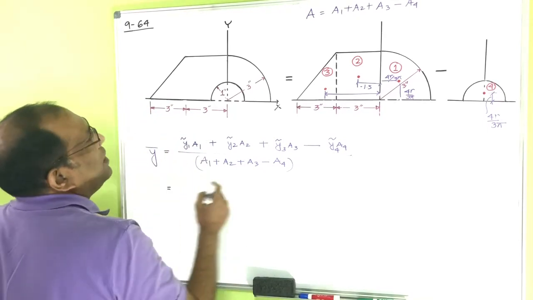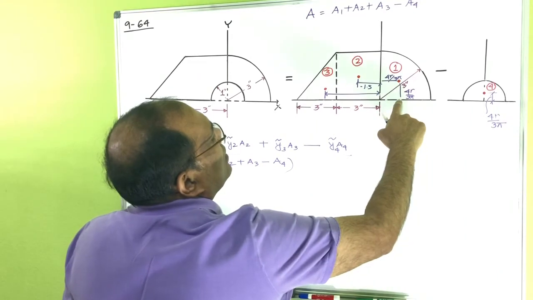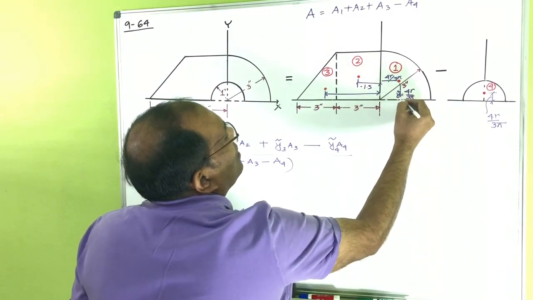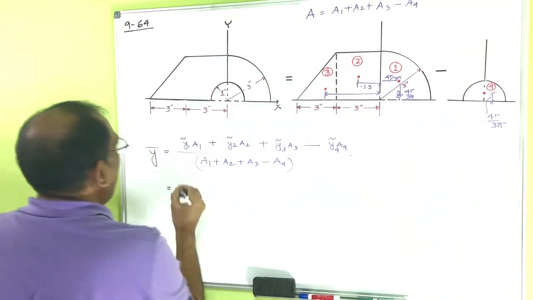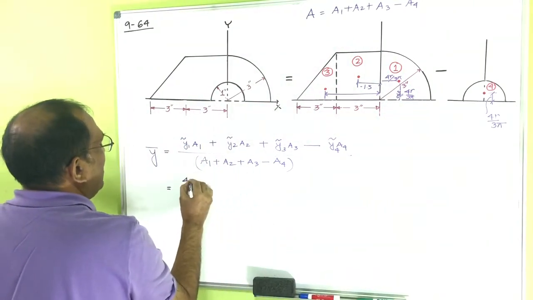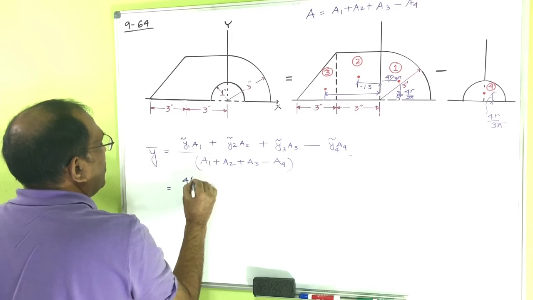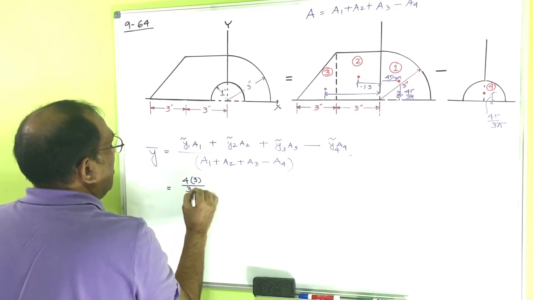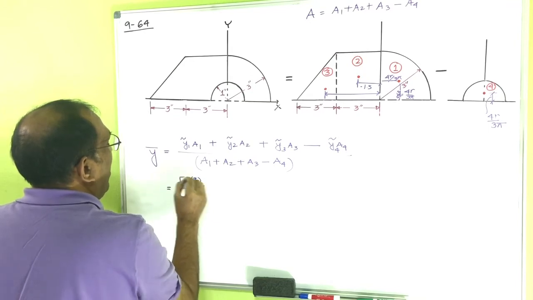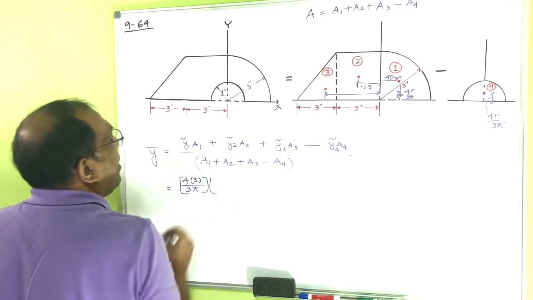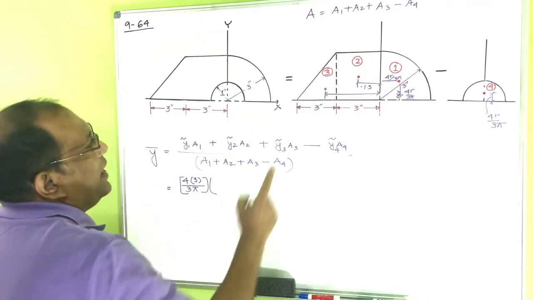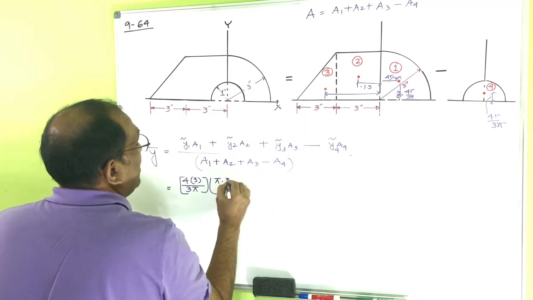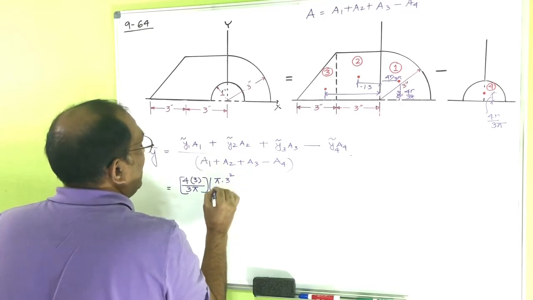You can see for this one, the distance y squiggly bar 1 is equal to 4r by 3 pi. So r is equal to 3. Then the area, which is pi 3 squared divided by 4.